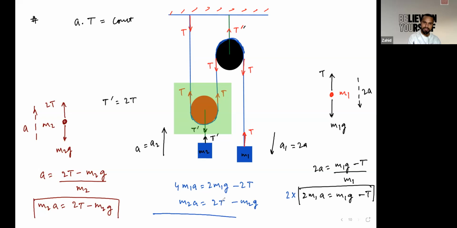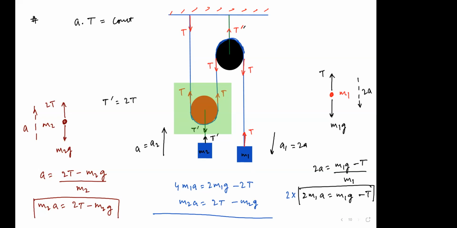Now, if you add these two equations, this tension and this tension would cancel out and you will get easily the acceleration of this whole system. Is it clear to everyone? Hishma, is it clear to you? Yes, sir.